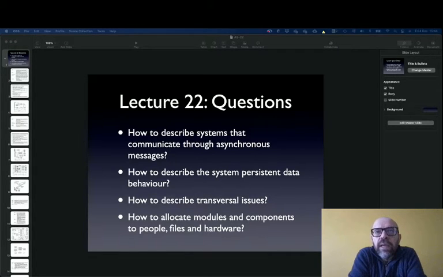Finally, in this class, we'll draw the allocation view type, and basically all modules and components are allocated to people, files, and hardware. For instance, allocating components to hardware is usually the traditional way to understand a software architecture, where you see the real hardware or the computers interacting through physical lines.